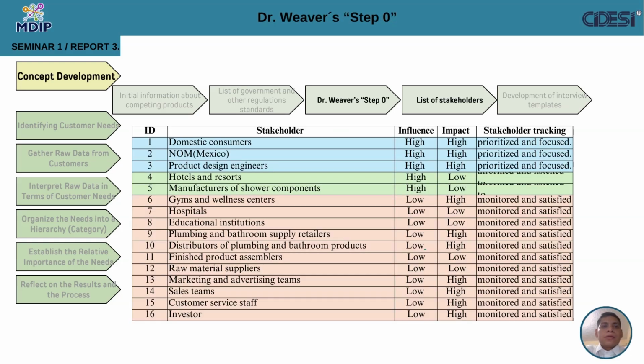Dr. Weaver's Step Zero was developed for the development of customer needs. In this development, the stakeholders shown in the table were identified based on their degree of influence and impact. It was decided to pay special attention to the following stakeholders: domestic users, hotels, and gyms.